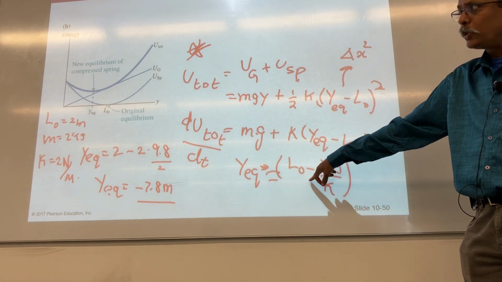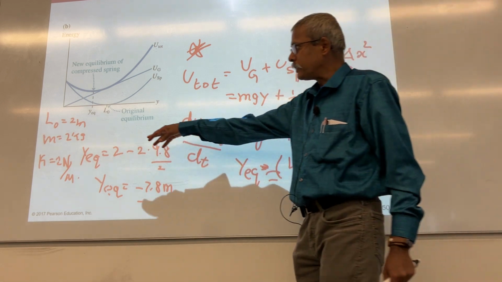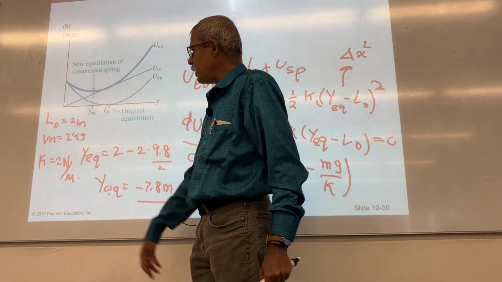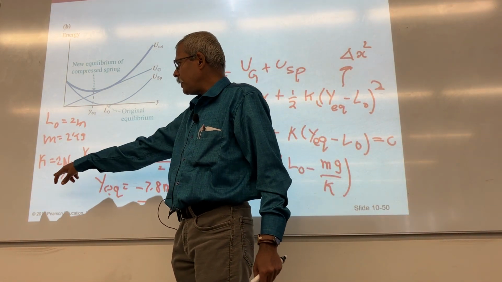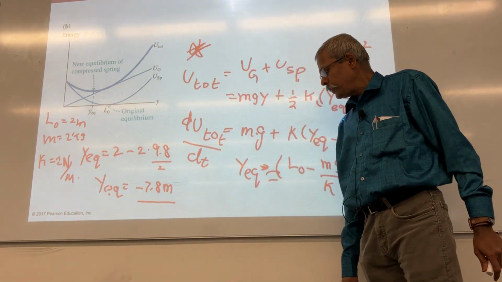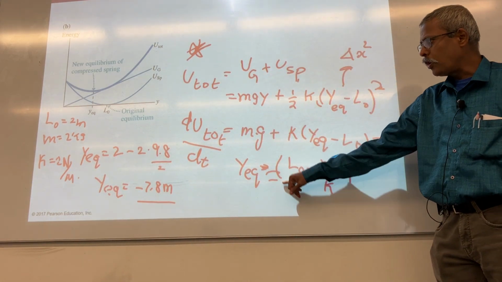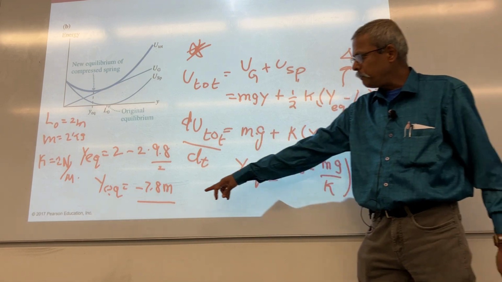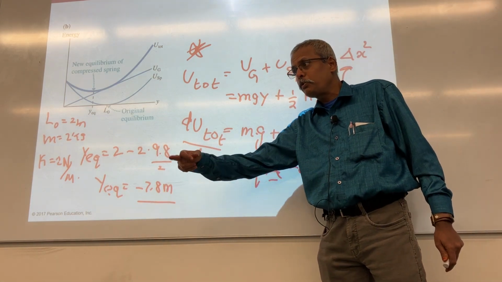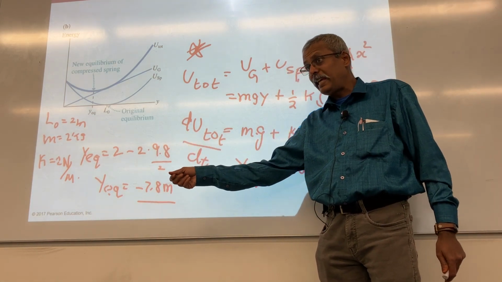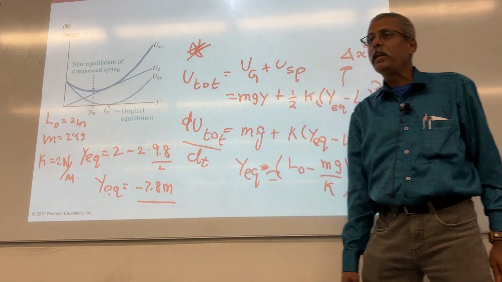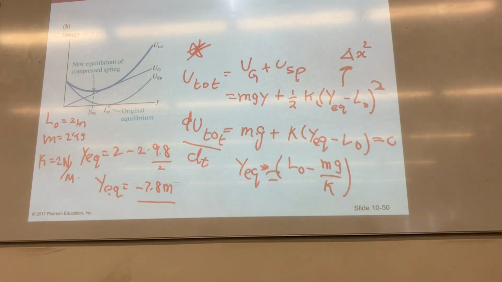L0 is already 2 meters, I put in some numbers: L0 is 2 m, mass 2 kilograms, and k is 2 newtons per meter. So you can plug all this in, and you end up with the negative. That's why it is decreased, that number, 7.8.